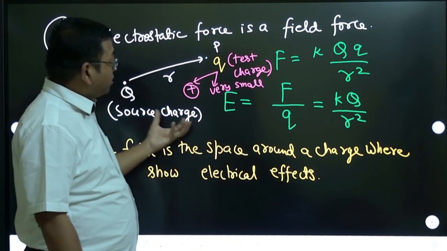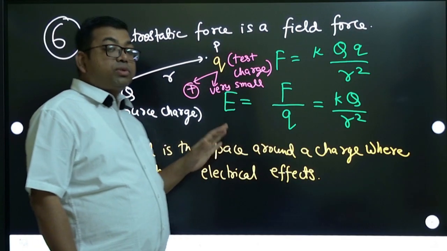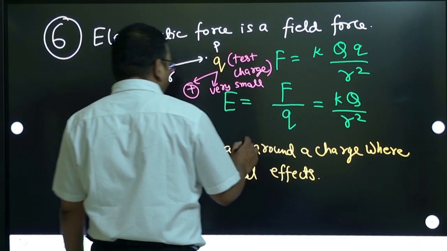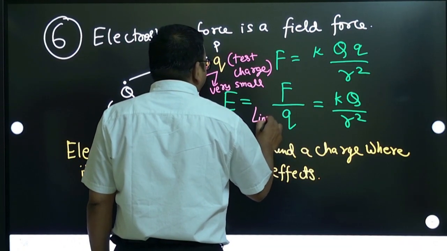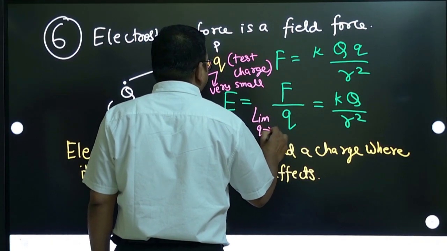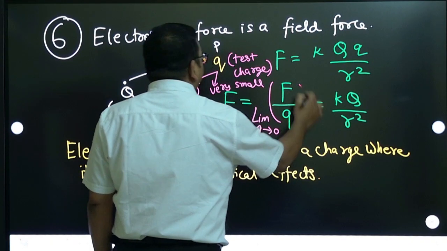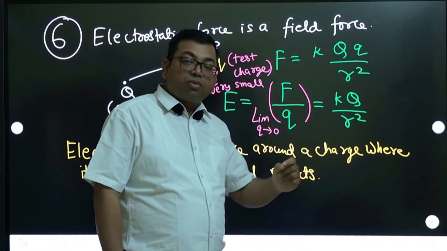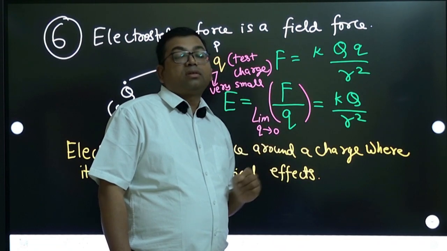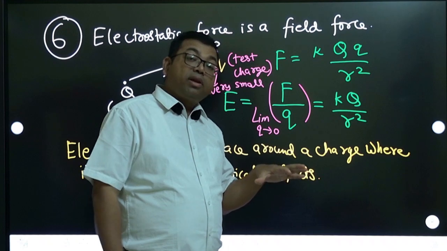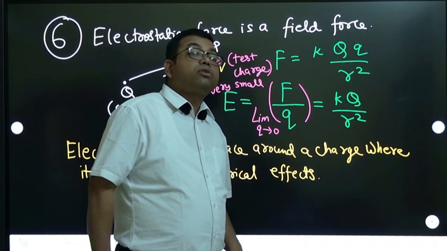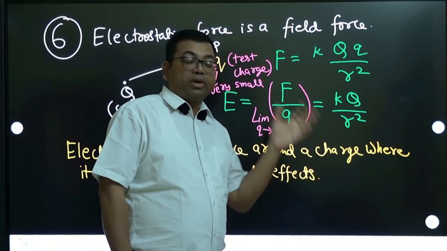We are choosing it positive, and we are choosing it very small. That is why in this formula we apply the factor limit q tends to 0. When you apply the condition limit q tends to 0, the test charge is very small and will not affect the source charge, so that you can measure the field due to the source charge at that point.